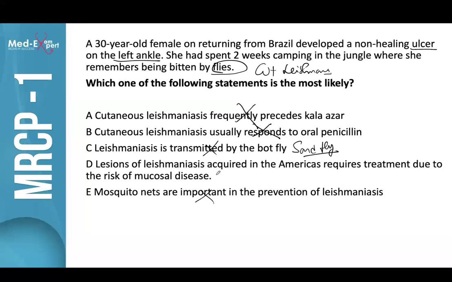So they require treatment due to the risk of mucosal penetration. So you may have to give something like sodium stibogluconate.